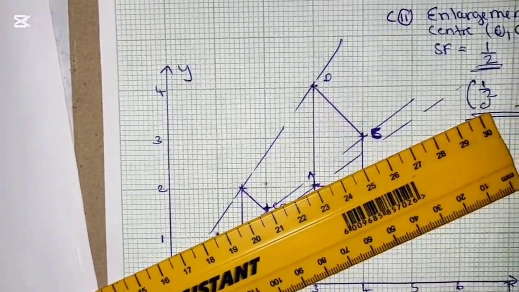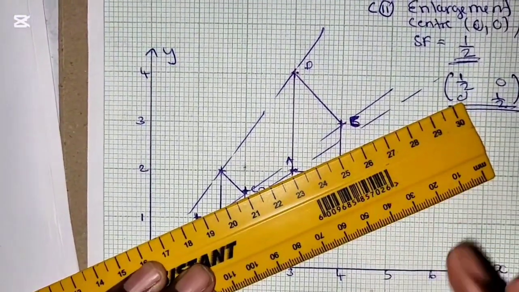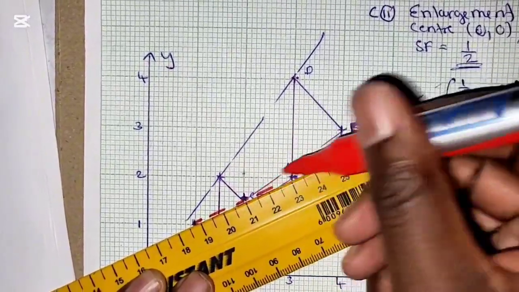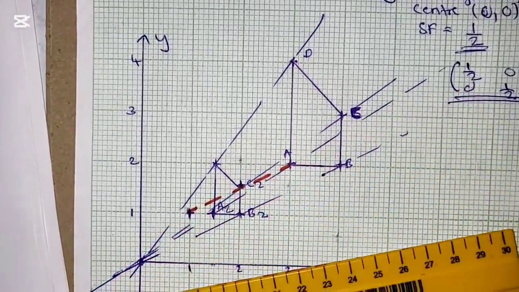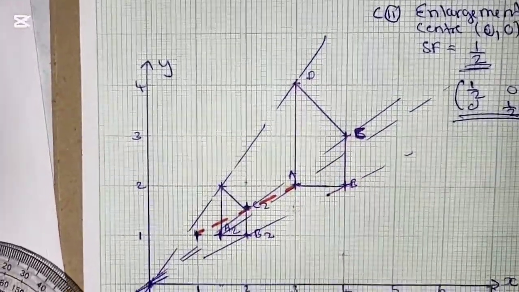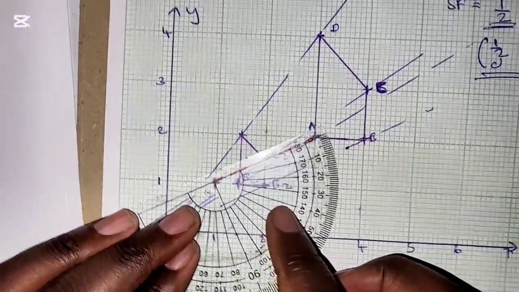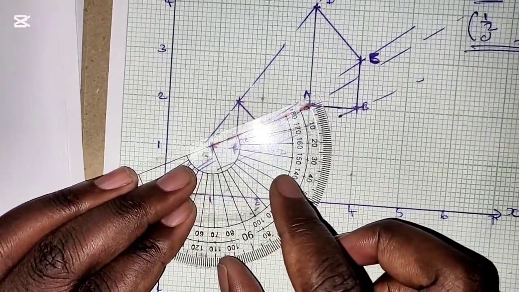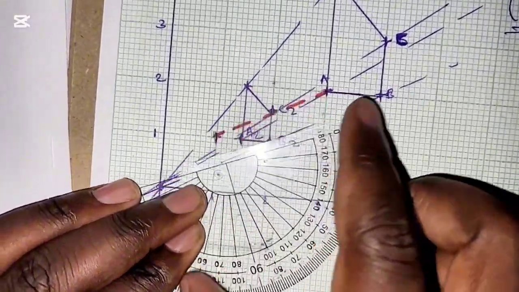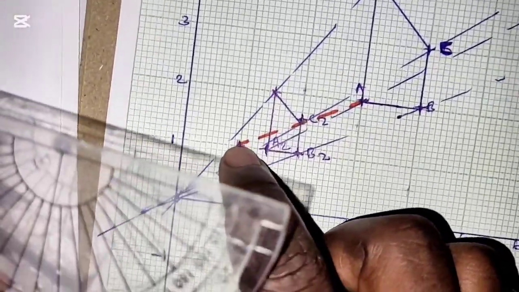Let me use a marker so that it will be visible. Okay, so it's 90 degrees clockwise. Clockwise is the movement of our clocks. Sorry about that. So it's now 90 degrees clockwise from our protractor.